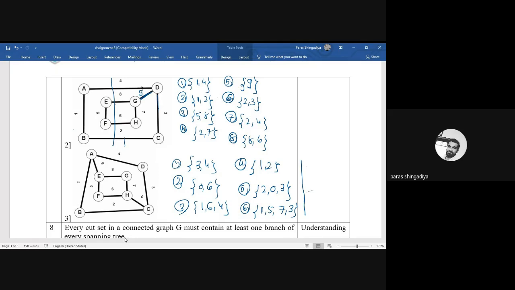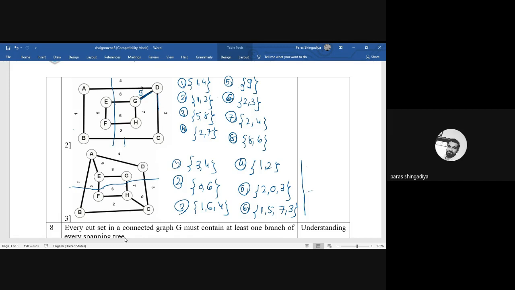Remove the four edges: 1, 5, 7 and 3. Clear? So it is a cut set and it has no proper subset which makes the graph disconnected.